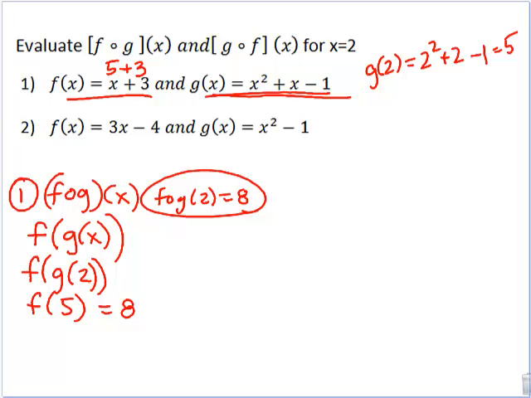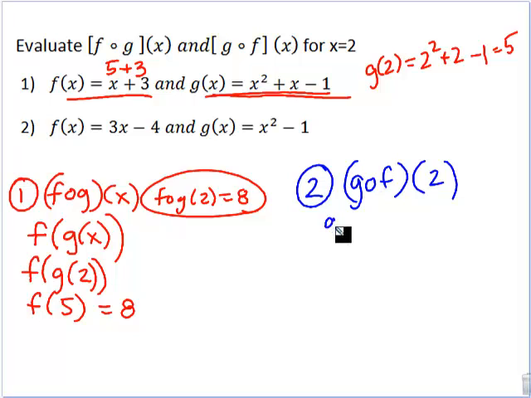Okay, for example 2, let's do it the other way around. Let's find g of f of 2. Okay, so we'll first rewrite it to what it actually means. So this means we are finding g of f of 2.